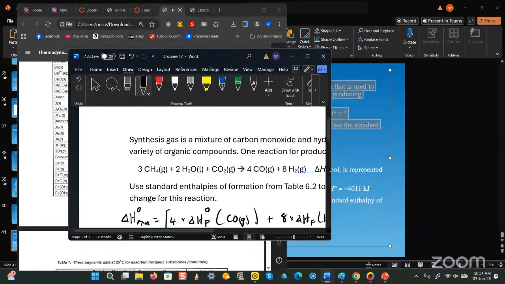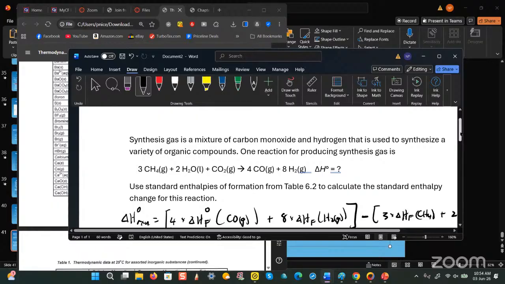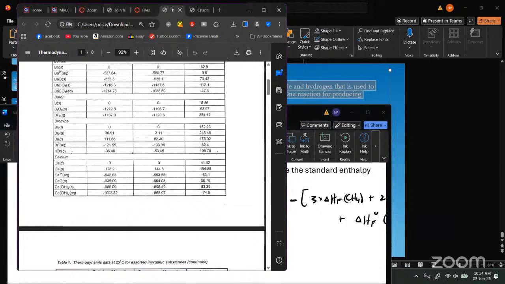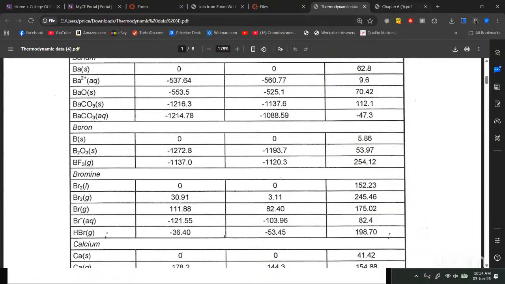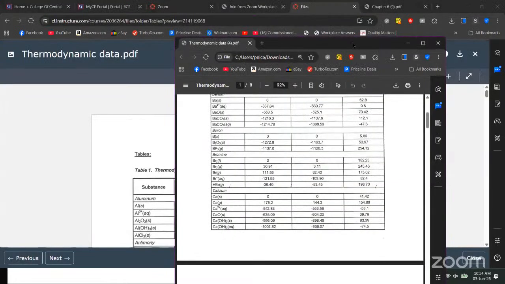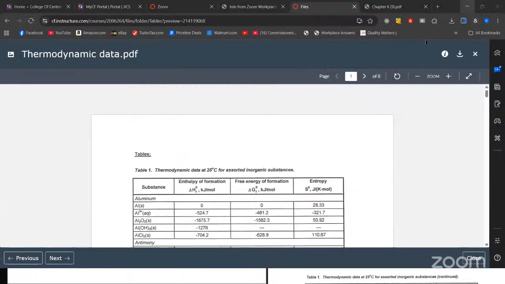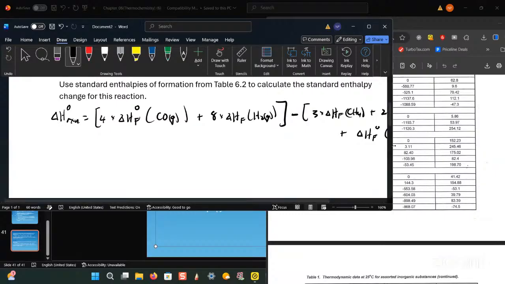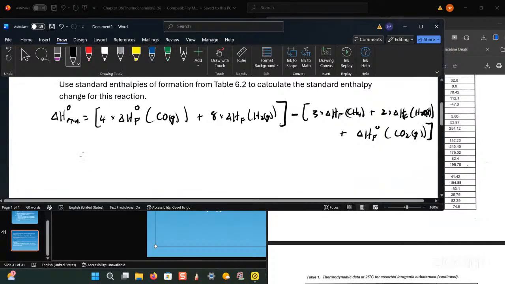Okay. What I want to do is look up the values. Move this over here, let me minimize that. Okay, let me try to work with this.